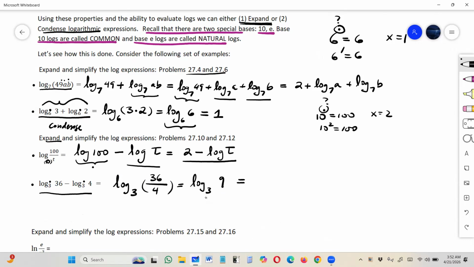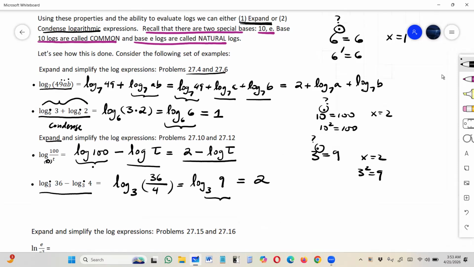Then I have to ask myself if I can evaluate or simplify this. This means find me an exponent that goes on 3 whose answer is 9. Obviously that answer is 2 because 3 squared is 9. So this expression is 2. So this is the quotient rule.